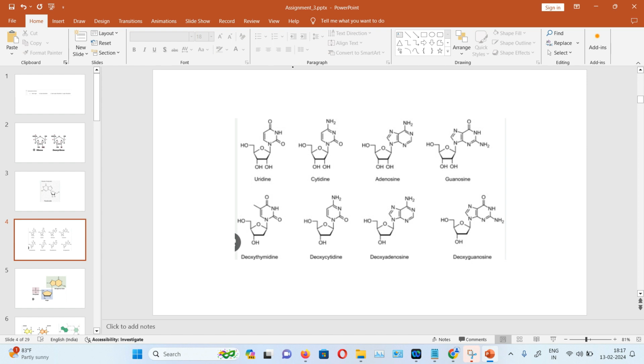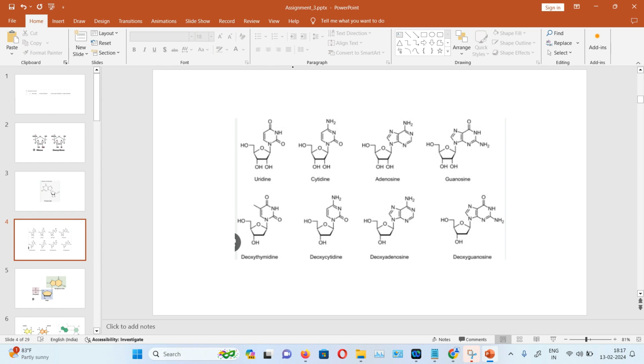In a similar way, when the sugar is a deoxyribose sugar instead of ribose sugar, we call it deoxy, and the remaining name follows, as in the nucleosides of ribose sugar.